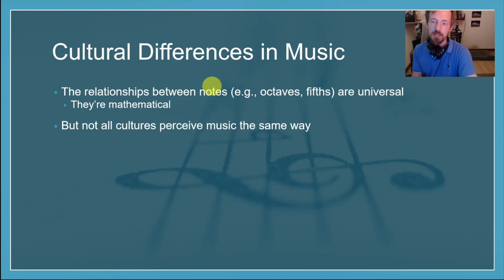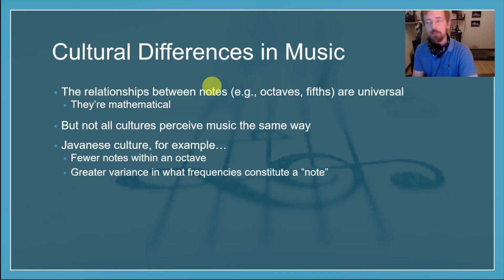But more than that, there are some cultures that perceive music differently, that they have kind of different systems for it. And probably the most prominent or the most widely studied is in Indonesia. In Indonesia, which is Javanese, they have a totally different scale. And in fact, instead of having a scale that is 8 notes moving from one octave to the next octave, they have scales that have, I believe, 6 notes instead of 8.